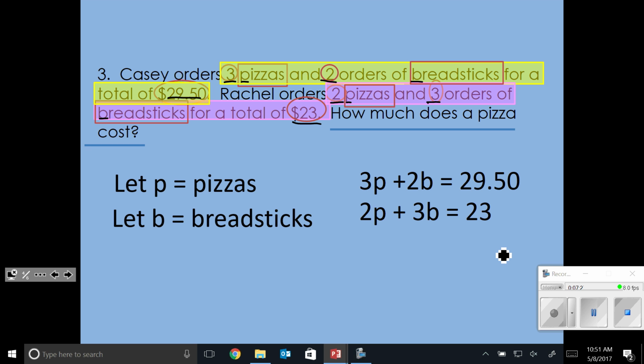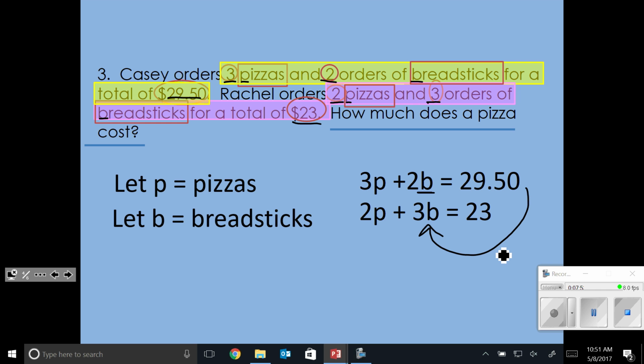And this time, to solve it, like you will on your homework, you don't have either of these solved for P or B, so you're going to solve one of them for that and substitute it into the other one. And I'm going to go ahead and give you a hint because we have some crazy numbers. So I'm going to tell you to solve for B in this equation and then substitute it in to the B in the second equation.